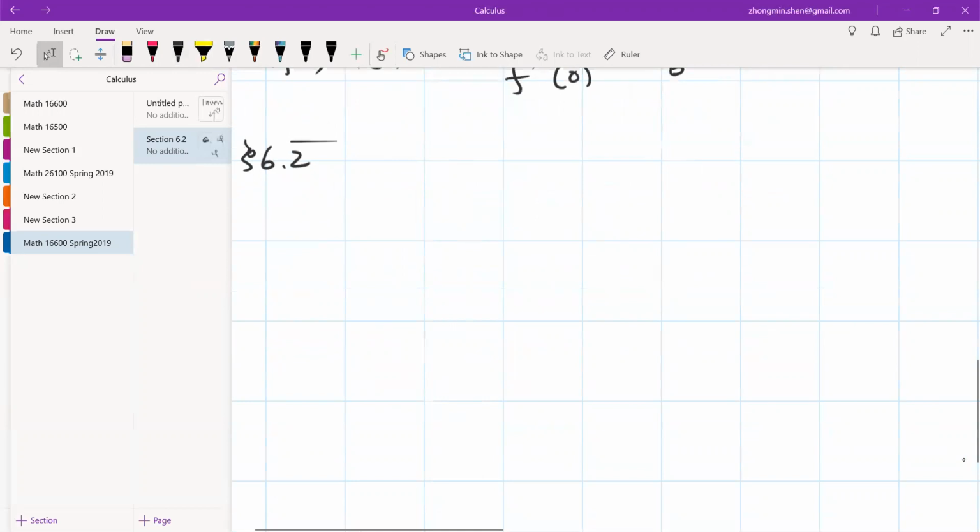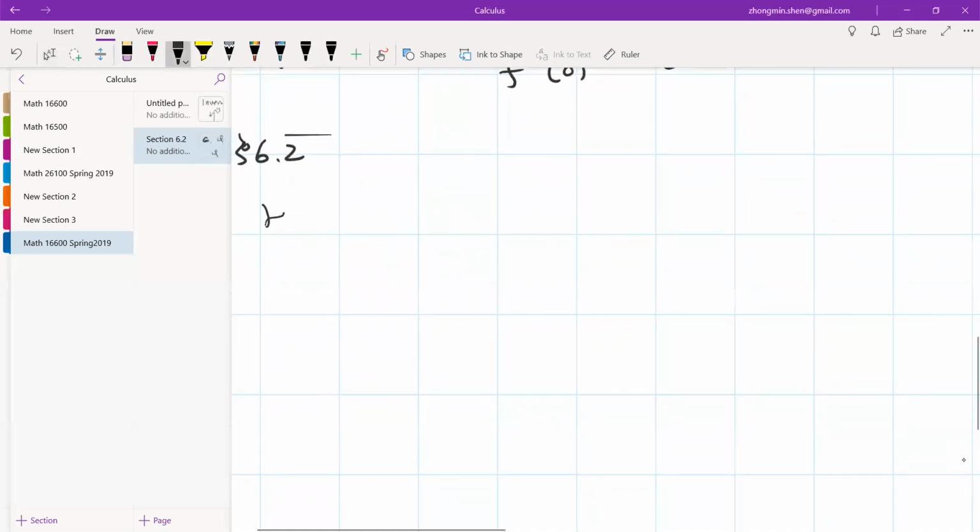We have to define how to define a to the power of this when the number is a rational number.